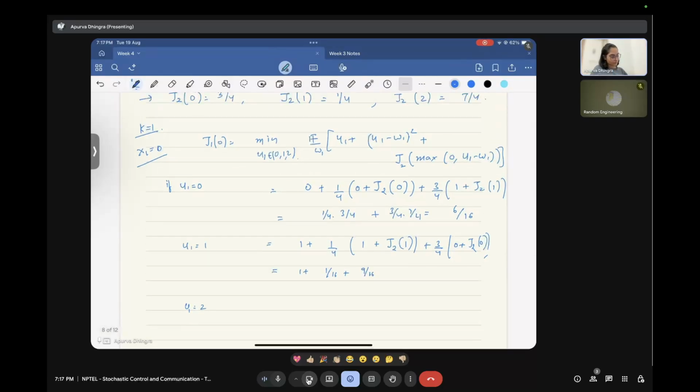So for u1 equal to 2, we're supposed to repeat the same process. We would get 2 here with 1/4 probability.